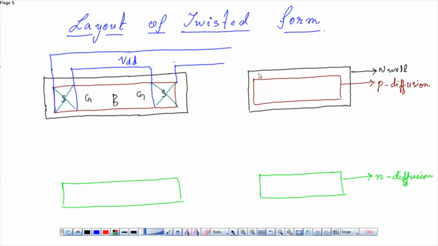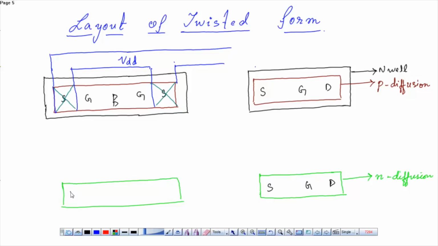Now we know the VDD, so let us first mention all the sources and drains. This is the source, this is the drain, this is the gate, this is the drain, gate and source.